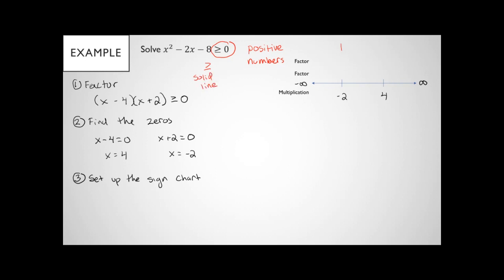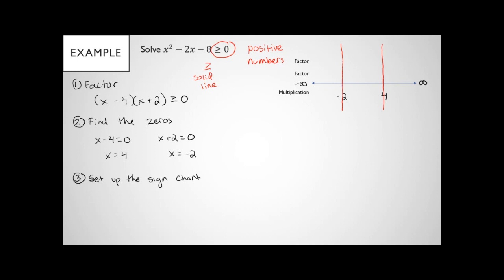I'm going to draw a solid line at my zeros to remind me that I'm including these. You can see that that splits the number line into 3 different sections, and so we're going to be trying 3 different x values.